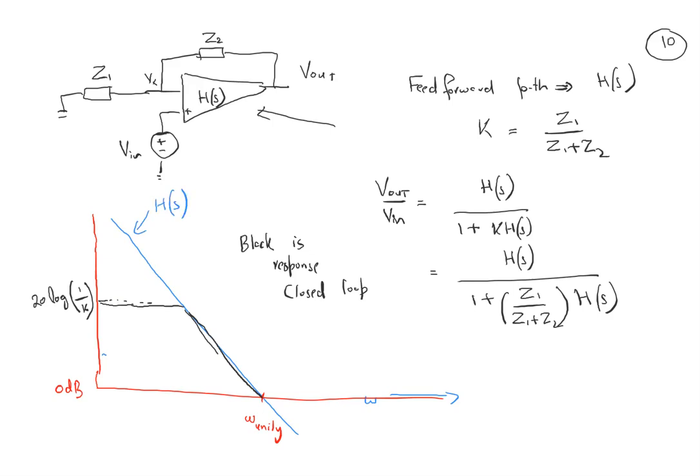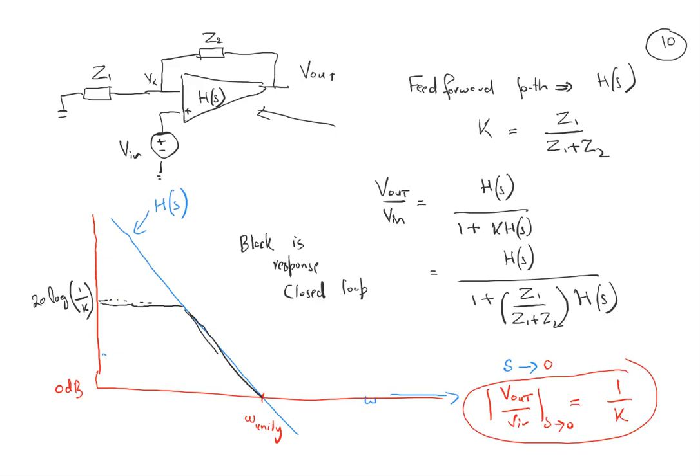So what we can conclude here is that my system is behaving as 1 over the feedback at a lower frequency, meaning for s equal to 0, V out over V in is behaving like 1 over k, which I talked about at the start, that it's the inverse of the feedback.